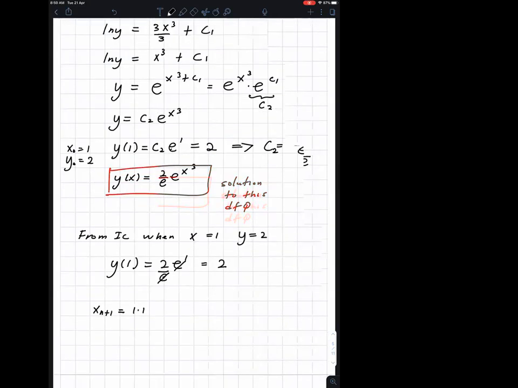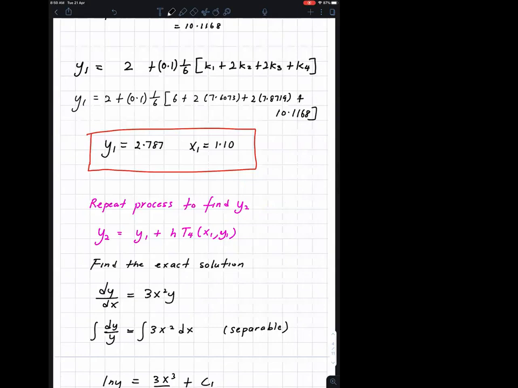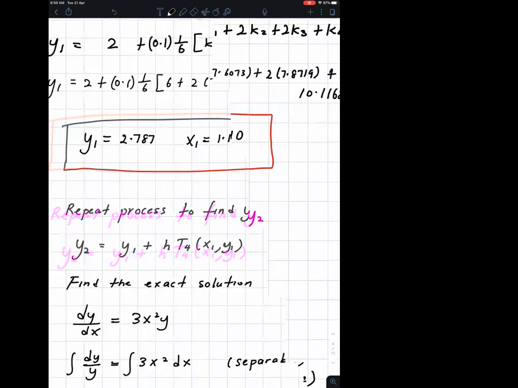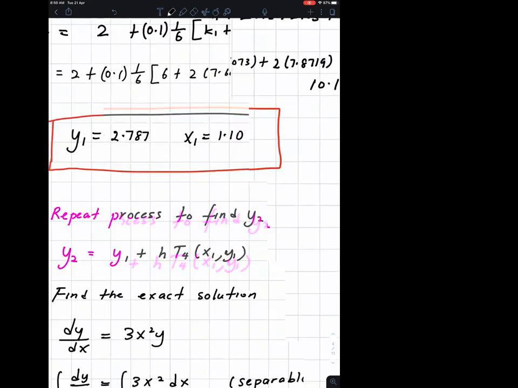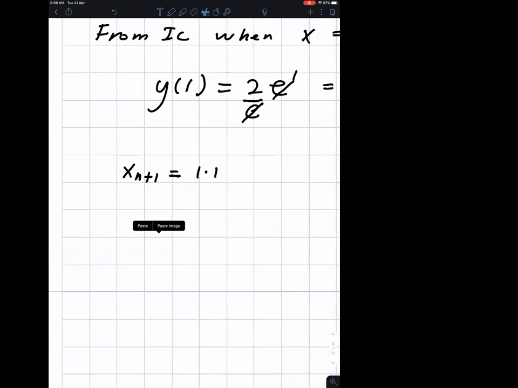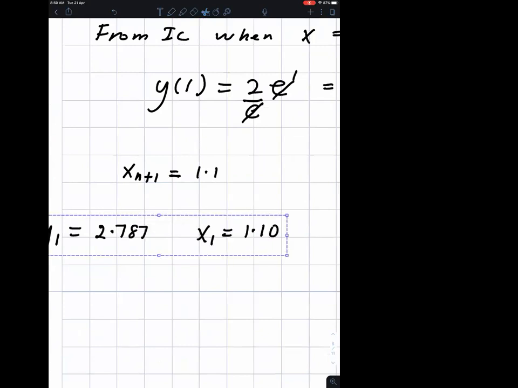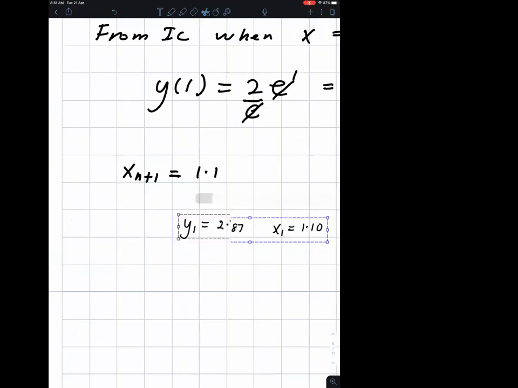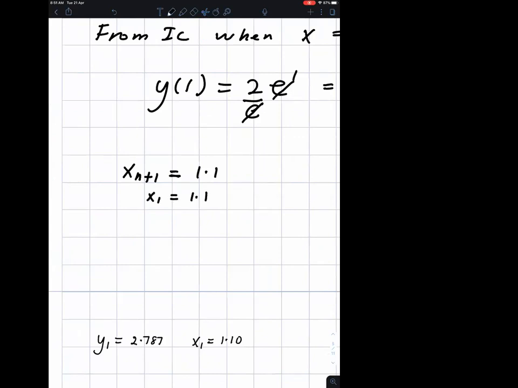So x1 is 1.1; this is what you got from numerical analysis. Just to put it here on the side.